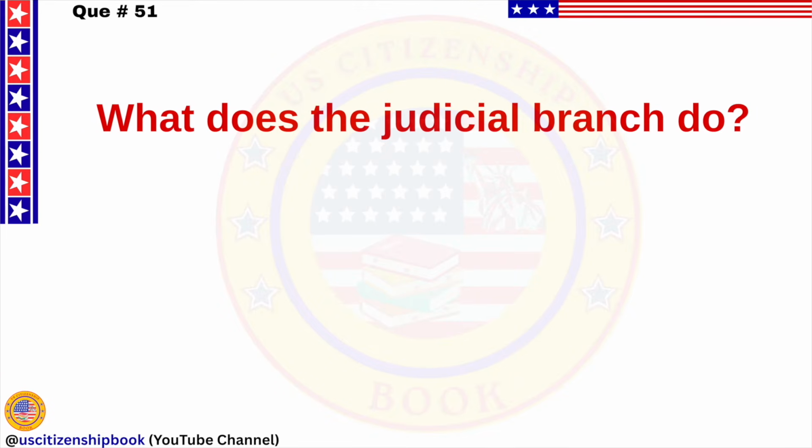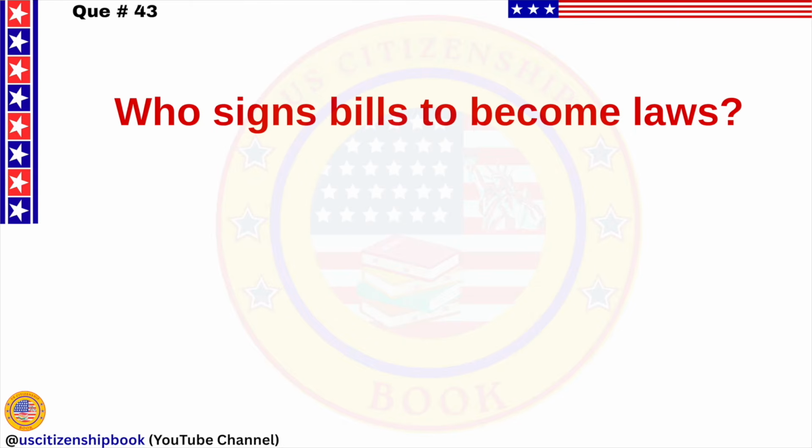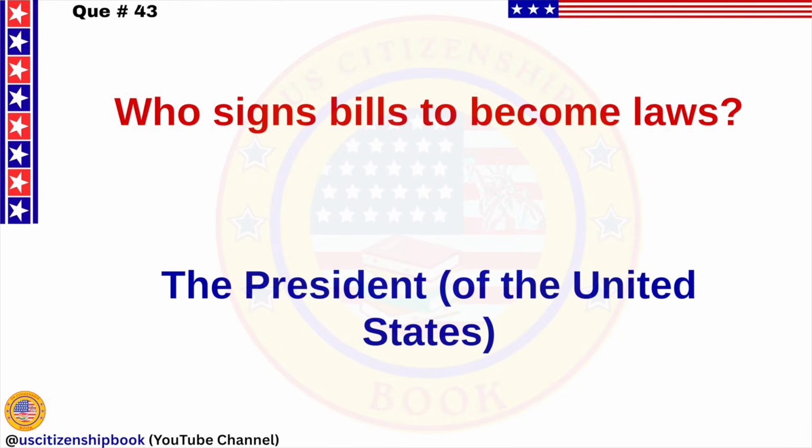What does the judicial branch do? Reviews laws. Who signs bills to become laws? The President of the United States.